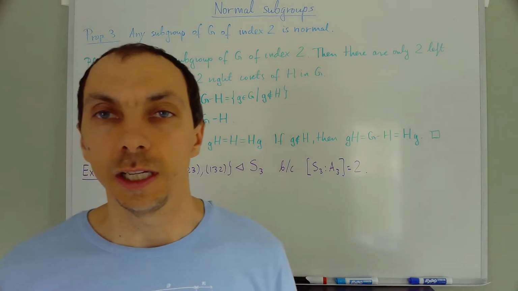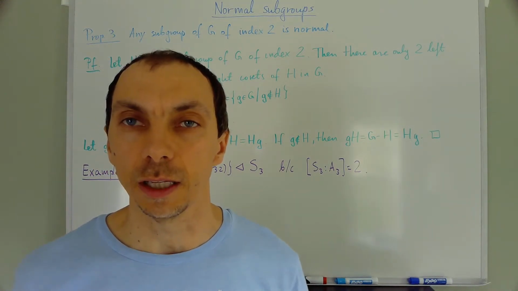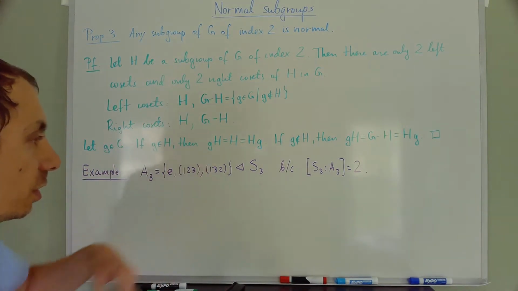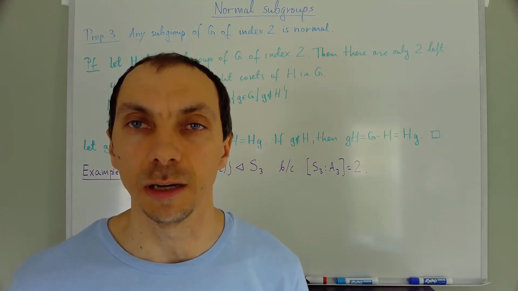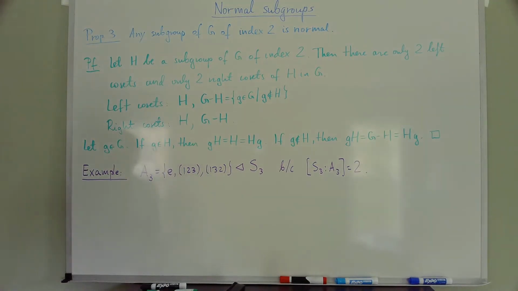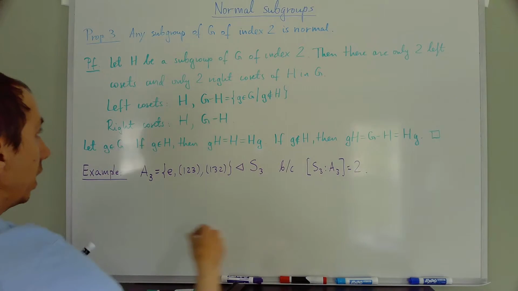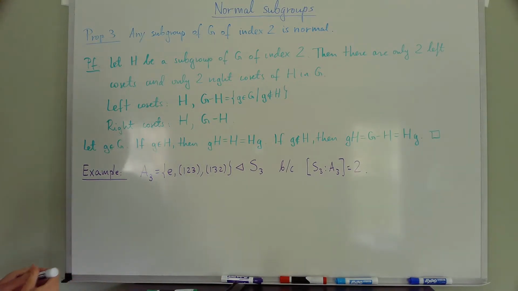In fact, in the examples last time we actually proved directly that the subgroup is normal. That means the left cosets are equal to right cosets. But because of this proposition, now we would know it without ever checking it.